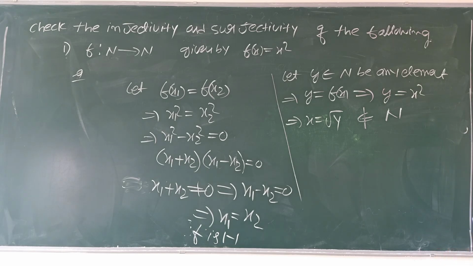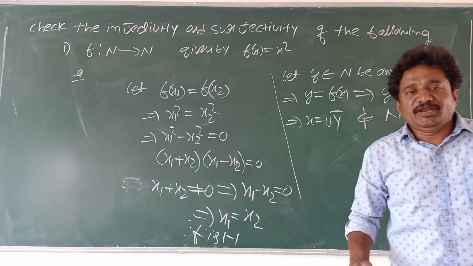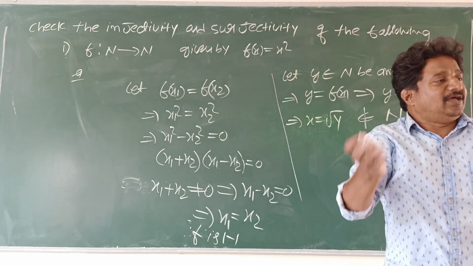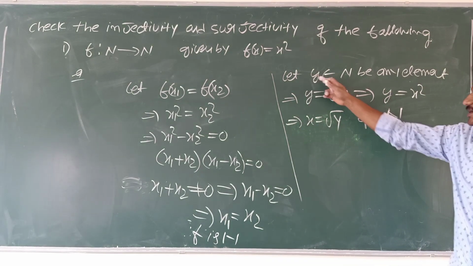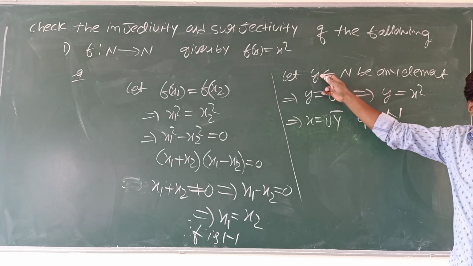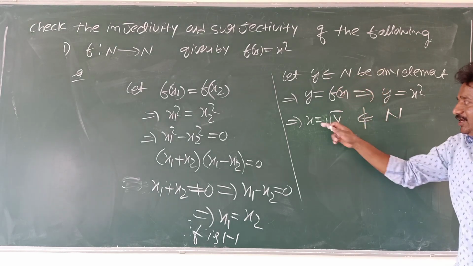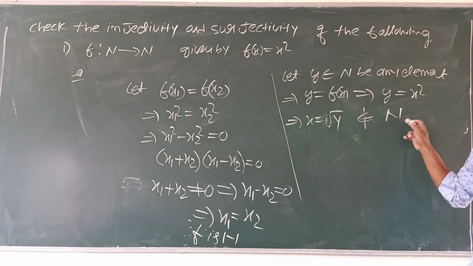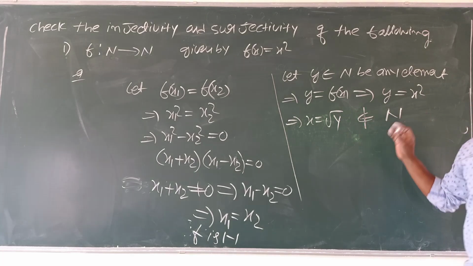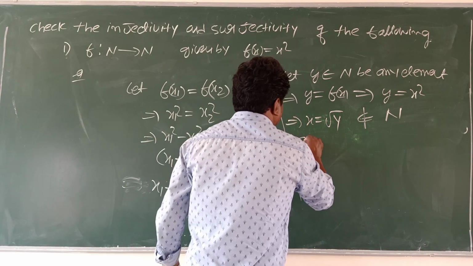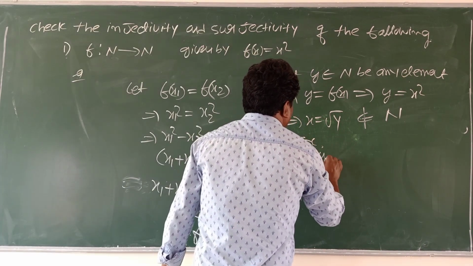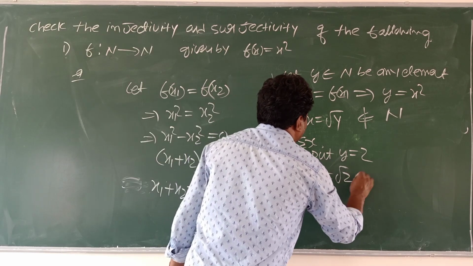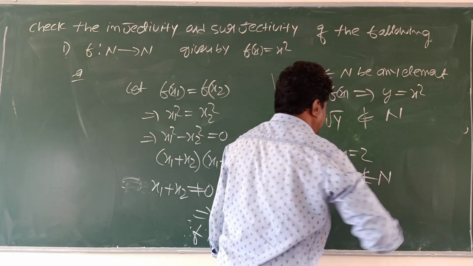When we say f is onto, all the elements of the second set must be related. Here the second set element is not related to a first set element, because this first set element is not available in N. For example, put y equals 2, x equals root 2 does not belong to N.